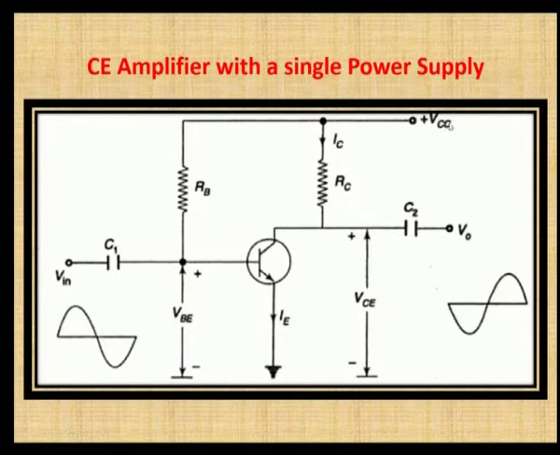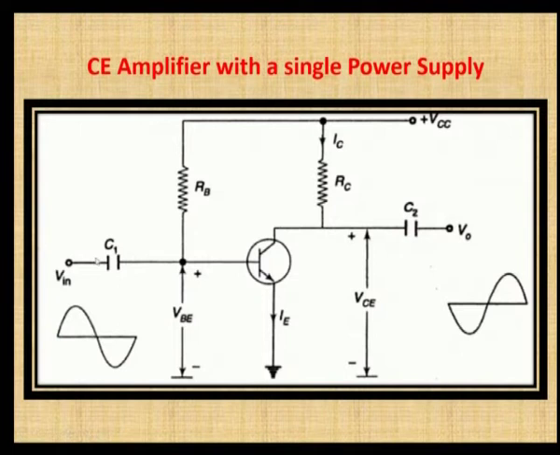It is a constant value, and according to the variation in the collector voltage, you are getting the output like this. You are getting the phase shift of 180 degrees between the output and the input. So, if the input voltage is in the positive half cycle, the base current will be increased.